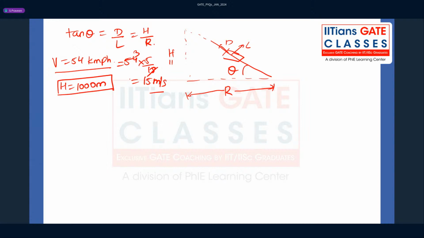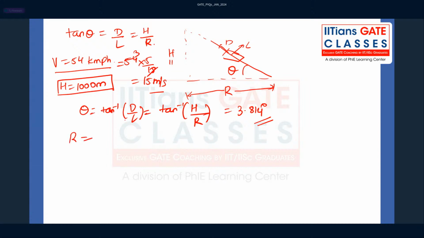So what will be my theta? Theta is basically tan inverse of D by L, which is equal to tan inverse of h by R, and that comes to close to 3.814 degree if I'm correct. So my range is R equal to L by D times h.